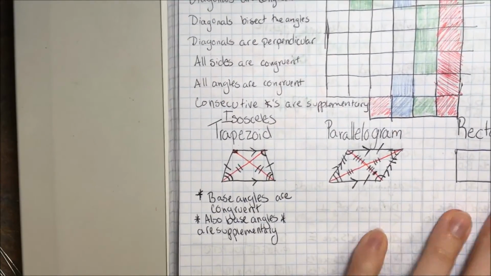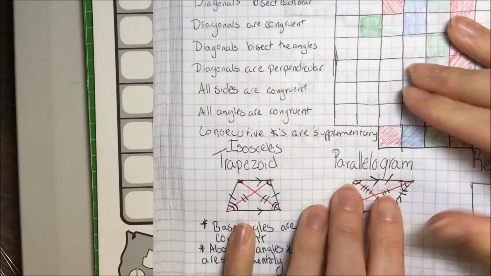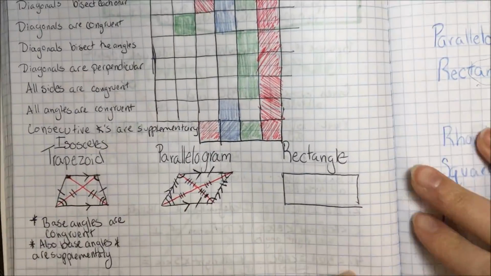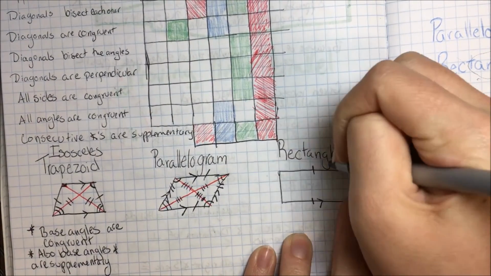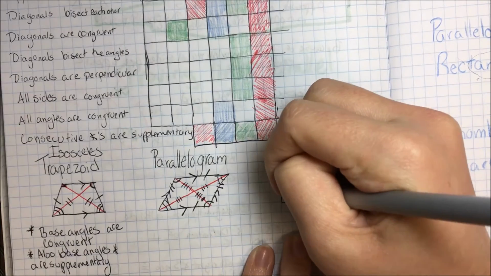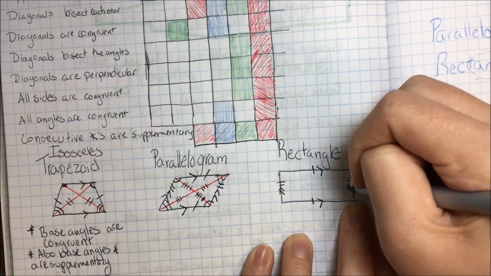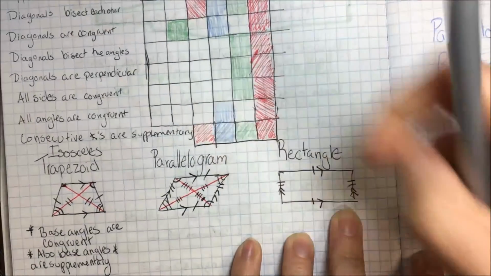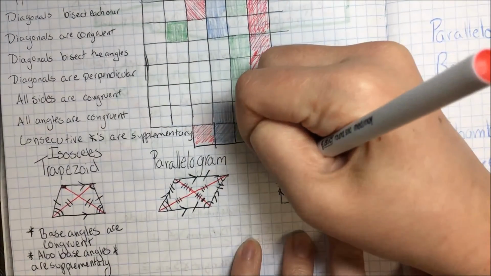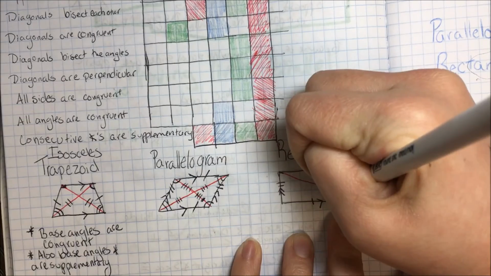Okay. Next we have the rectangle. And in a rectangle, let me get this so you guys can see it. In a rectangle, opposite sides are congruent and parallel. The diagonals are going to be the same length, and they're going to bisect each other.